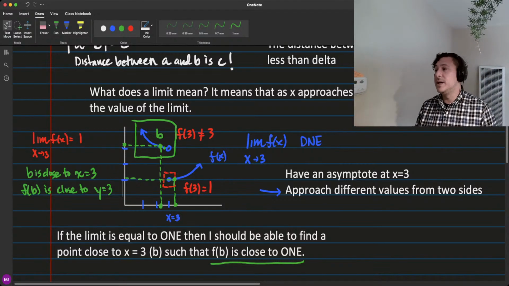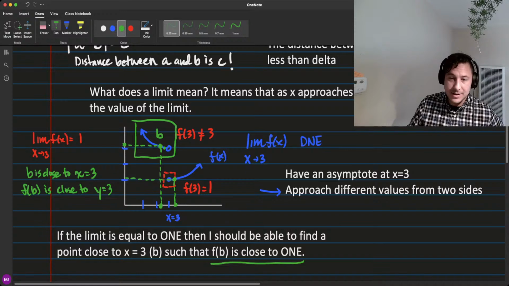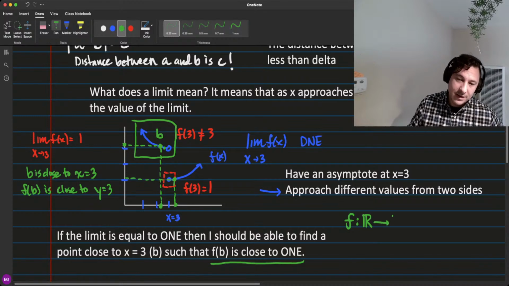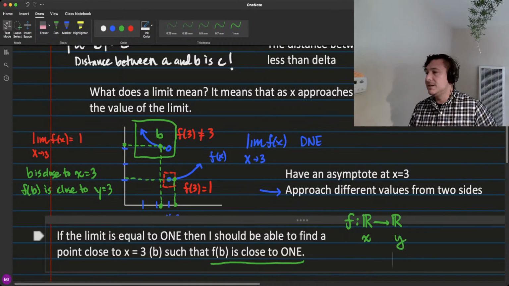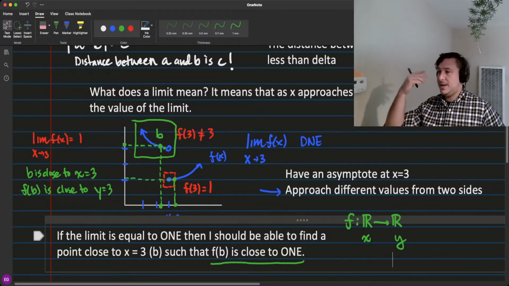Guess what we're going to be doing now? So this is limits for what we have normally dealt with, functions that have a scalar input and a scalar output, an x and a y value. Now we're going to look at limits for functions that have multiple inputs and a single output.